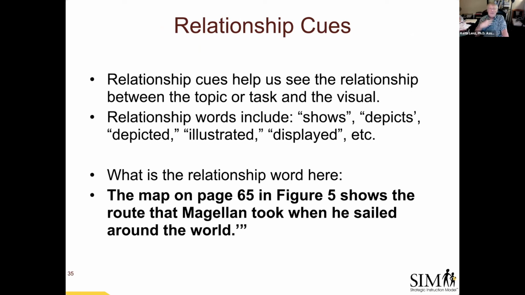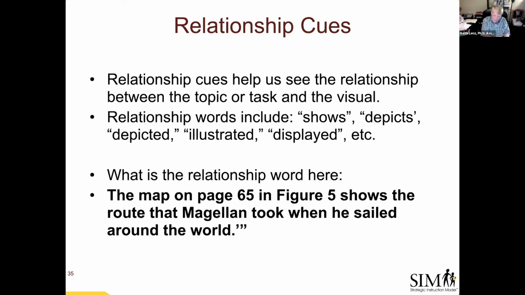Relationship word clues: if a teacher says, this map shows you, this figure depicts, the data I'm presenting are depicted in figure 1, the crossing of the Delaware is illustrated in the picture that you see in the left margin, the history of pottery is displayed on that timeline. All of those words indicate that what I'm saying here is shown elsewhere. So that shows there's a relationship to text.